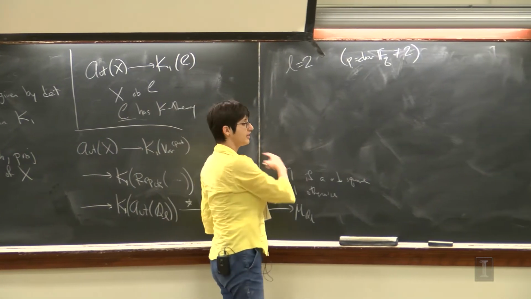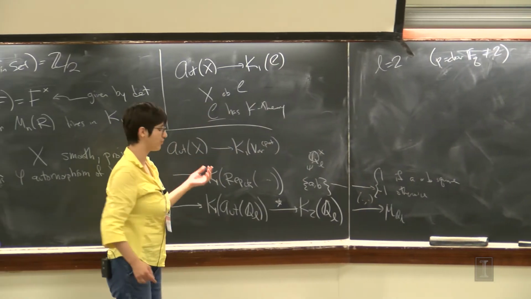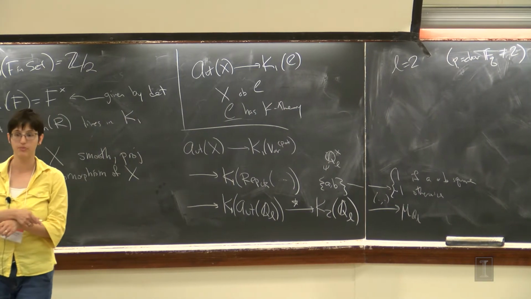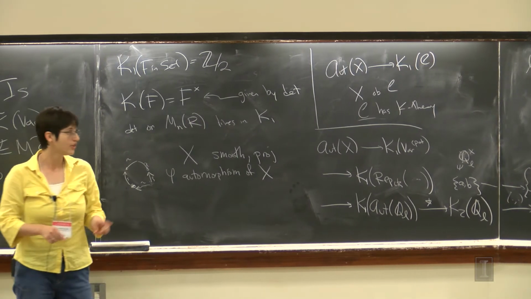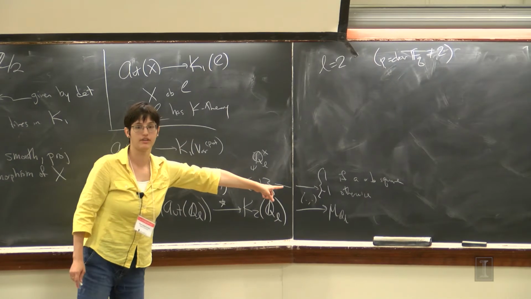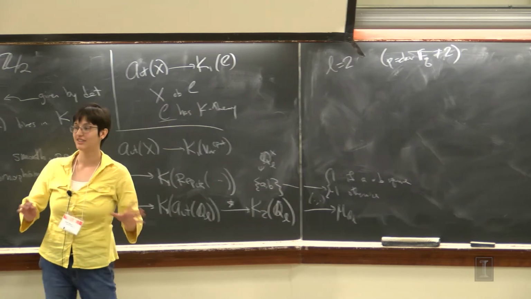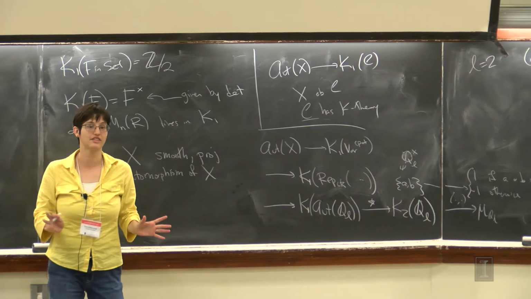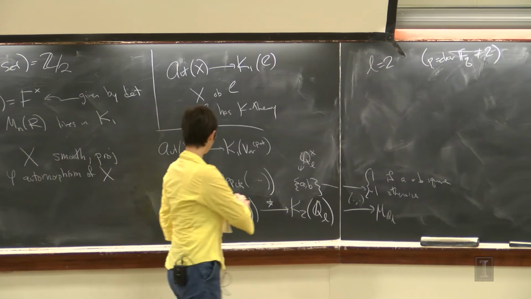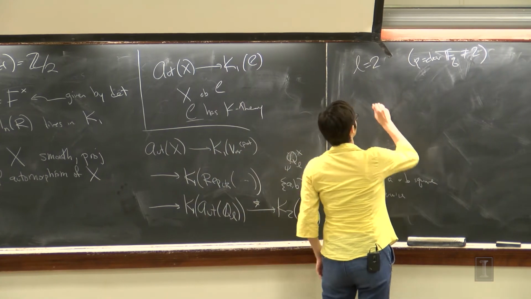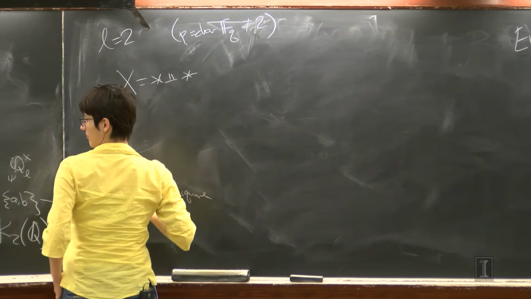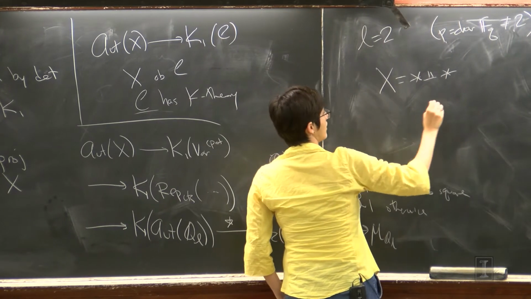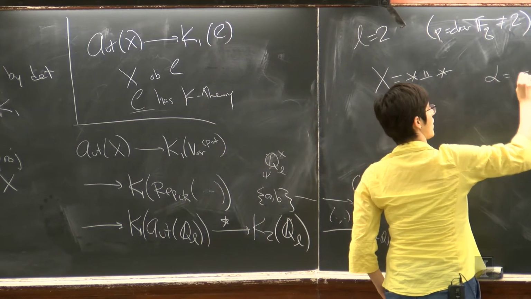But first, let's check it on the automorphism where you just have 2 points and commute and swap them, because the whole point was to find a different element than that. I want to check that that maps to 1, so that as long as I can find anything that doesn't map to 1, I'm good. So we're letting x be 2 points, and our automorphism is going to be swapping.